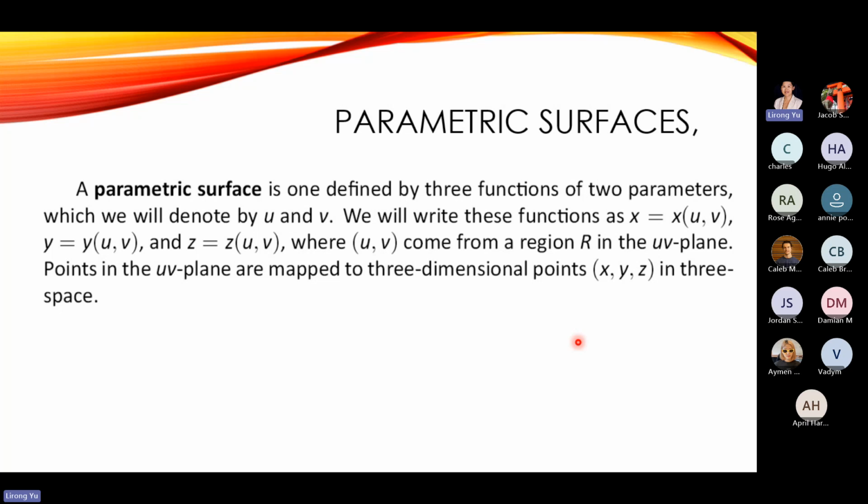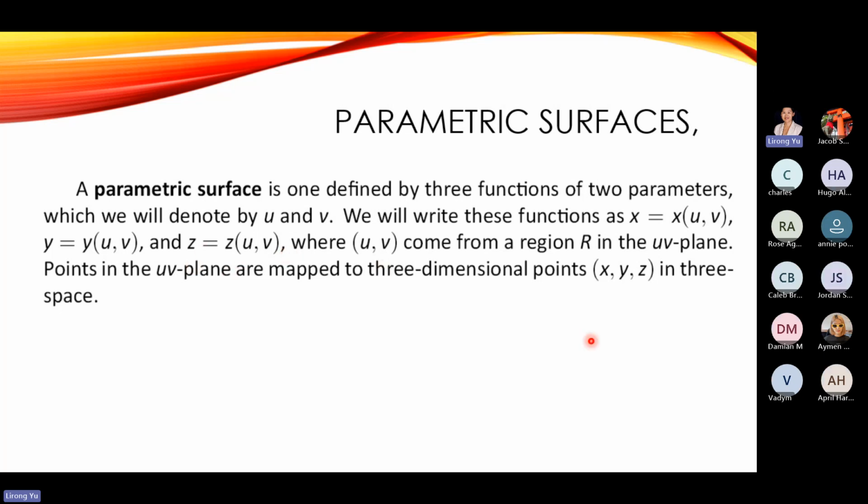In this case, it's the parametric equation of the surface. x is a bivariate function, y is a bivariate function, z is a bivariate function. In the textbook, we use u and v as our parameters instead of t, but we don't have to be restricted by it. Sometimes you can just use z or theta, like for a cylindrical form of the parametric equation.